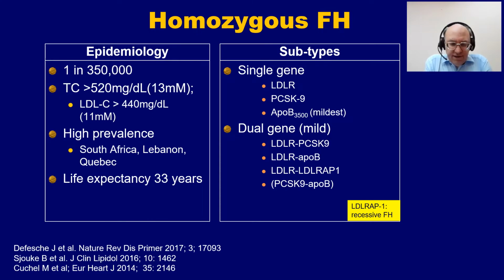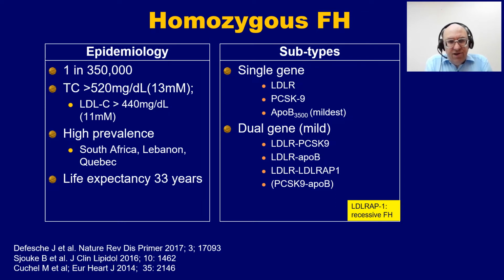Of course, that is heterozygous familial hypercholesterolemia. The rarer form of monogenic homozygous or compound heterozygous FH is far rarer. It's got a prevalence of about 1 in 350,000. The lipids are more severe, with a cholesterol usually above 13 millimoles.